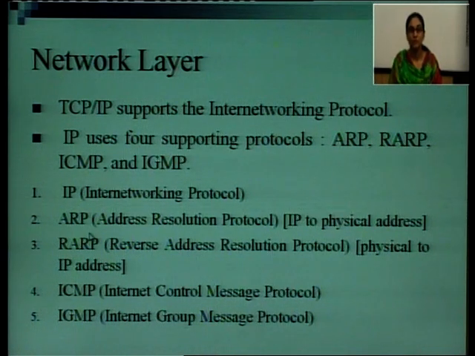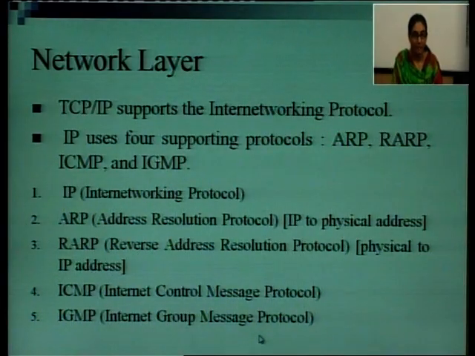Address Resolution Protocol is basically used when we convert the IP address to the physical address. If we want the IP address from the physical address, we use the Reverse Address Resolution Protocol, which converts the physical address to the IP address. Next is the Internet Control Message Protocol, that is ICMP, and then IGMP, that is Internet Group Message Protocol.